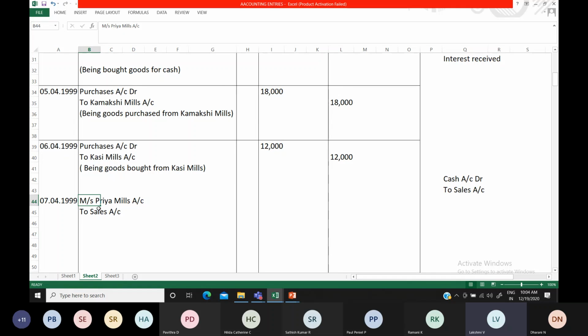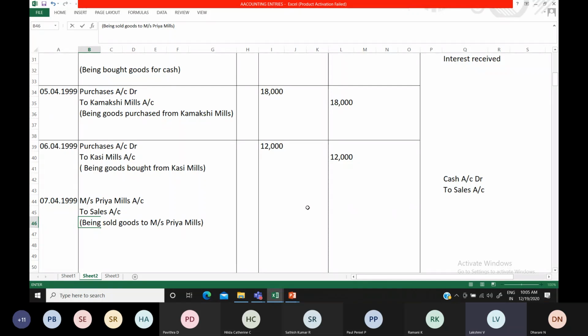And sales account, as usual, normally we credit it, and here also we will credit it. Whether we sell on cash or on credit, the same account only I will be crediting because goods is going out. So remember, sales always means credit. Next you have to write the narration: Being sold goods to Mrs. Priya Mills.